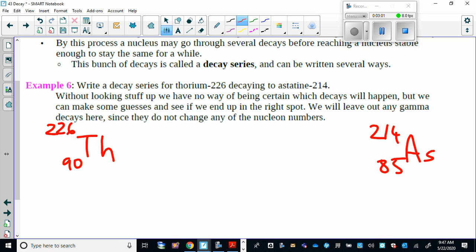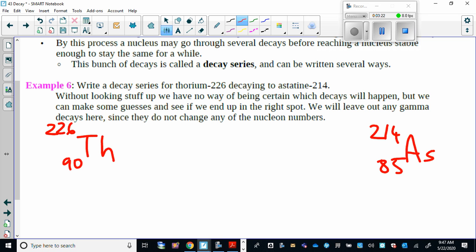You could do this in a number of ways. You could say that it goes through 2 alpha decays and then a beta negative decay, or a beta negative decay and 2 alpha decays, or an alpha, a beta negative, and then an alpha.